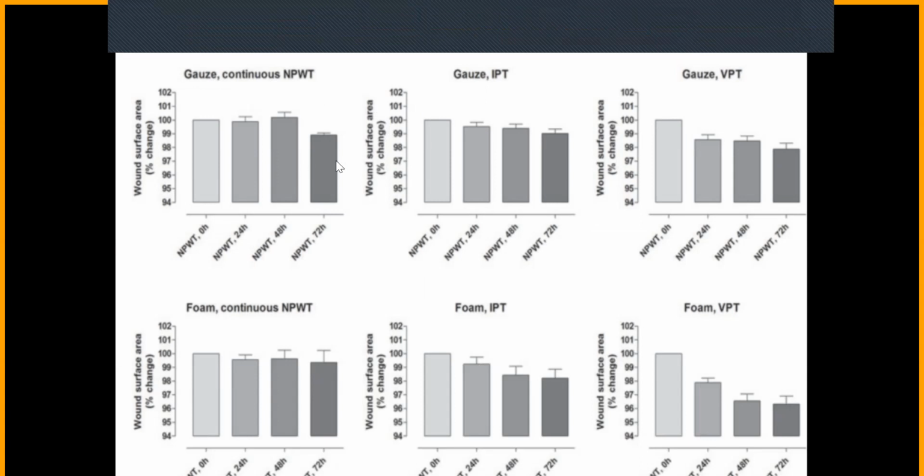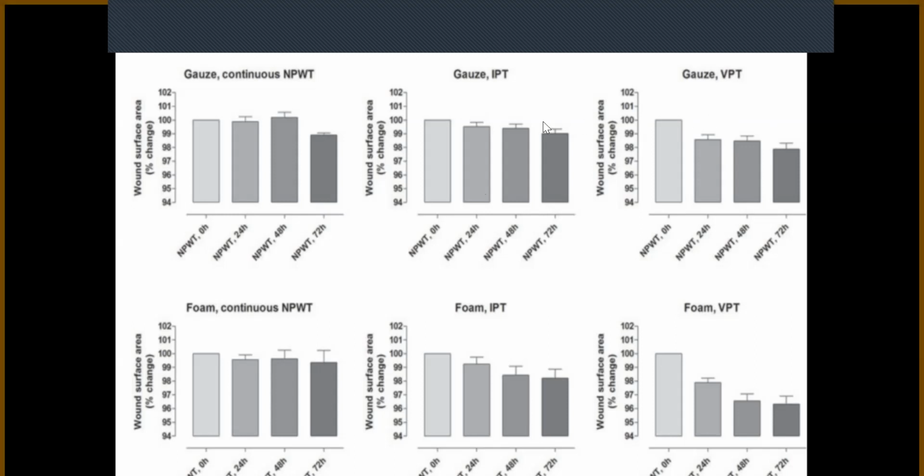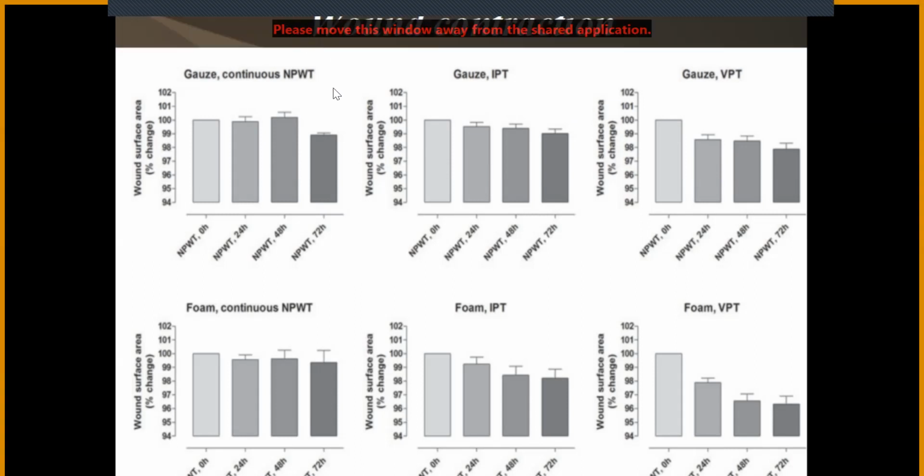Here gauze was used with continuous negative pressure wound therapy, here gauze was used with intermittent, and here gauze was used with variable pressure. The maximum wound contraction was noticed with gauze with intermittent pressure.